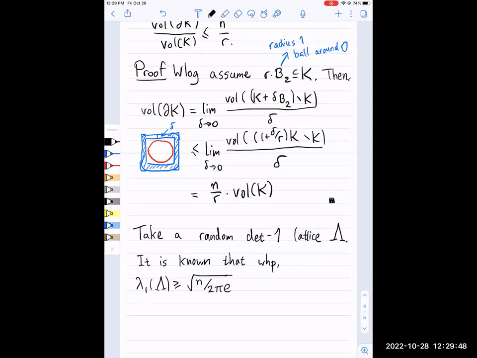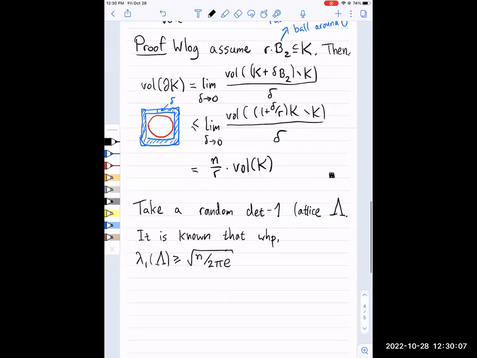And why is that? That's precisely the radius of a ball of volume 1 in n dimensions. So this is how Siegel connected: take this ball, with good probability you will not have any point inside it, because the expectation is much less than 1.